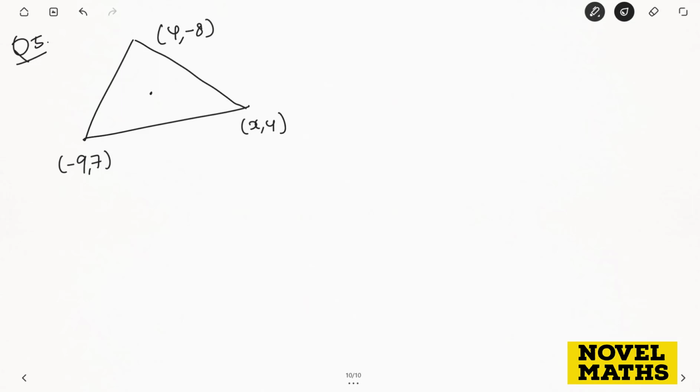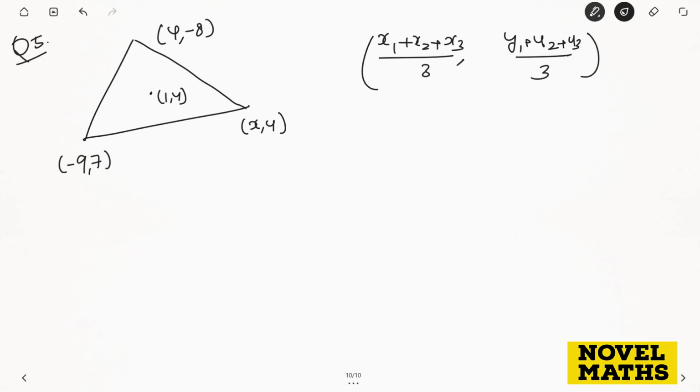Centroid is 1 and 4. And if you remember, the formula of centroid is x1 plus x2 plus x3 over 3, y1 plus y2 plus y3 over 3. That's just the average of all the values of x and y coordinate. The values are given already. We can simplify this, like 4 minus 9 plus x over 3 equals what?